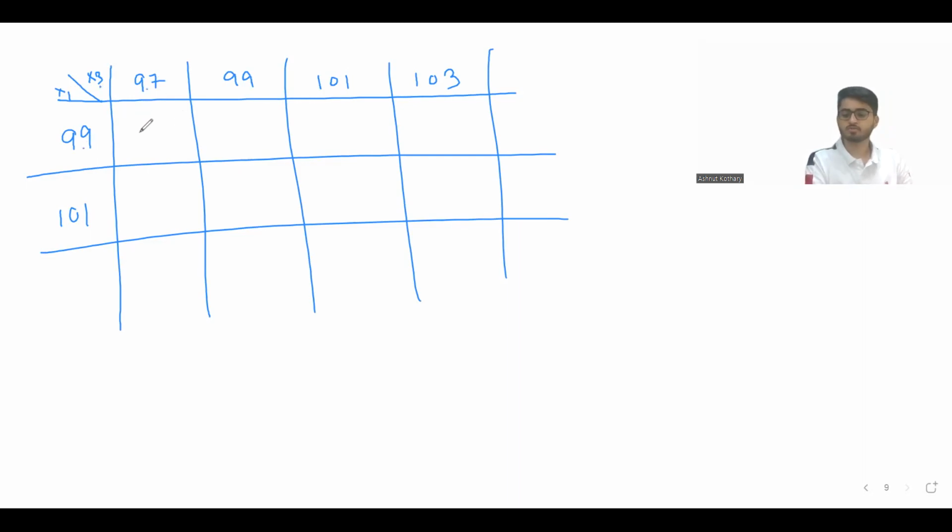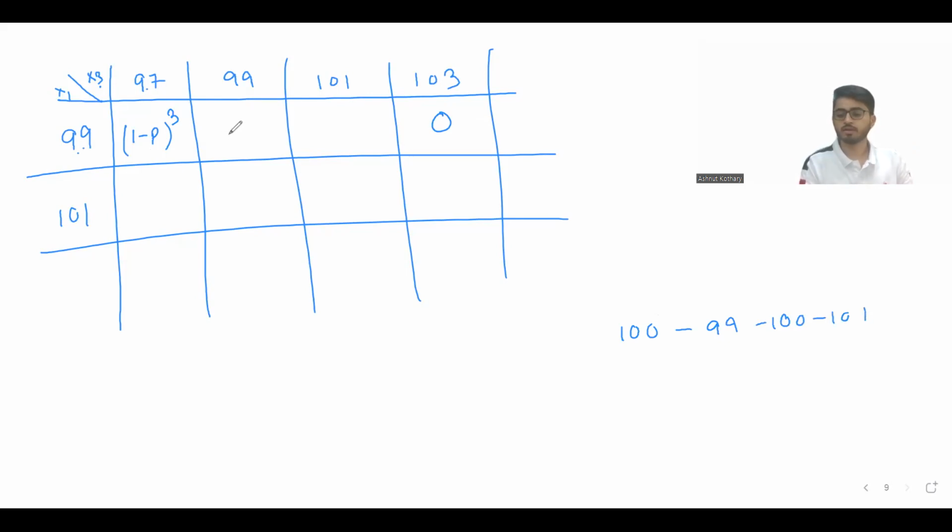This is only possible if we keep moving down all three times, the probability of which will be nothing but (1 minus p) whole cube. If X1 is 99, X3 cannot be 103. We are starting from 100, then moving to 99. The maximum X1 can be is 101 only.